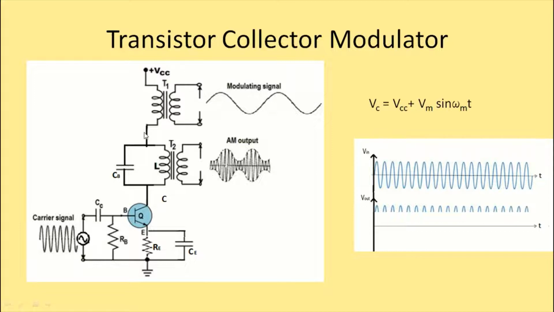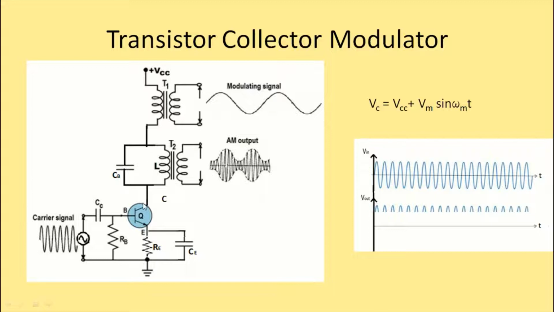So if I calculate the total voltage at this particular point, where the cursor is pointing, the total voltage at this point will be nothing but the sum of this DC component and the AC component. And as of now, the AC component is nothing but equal to 0. So according to this equation, I will have the total voltage at this point as equal to VCC plus 0, which is nothing but equal to VCC.